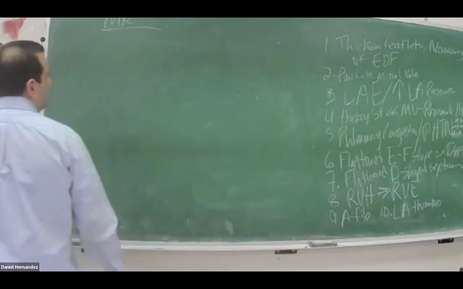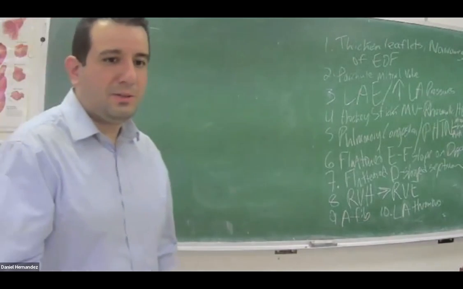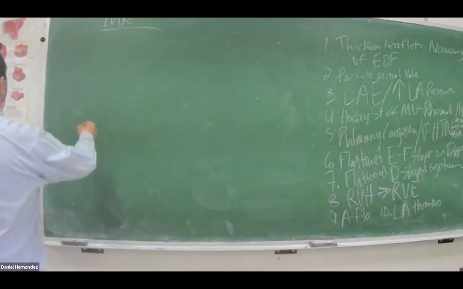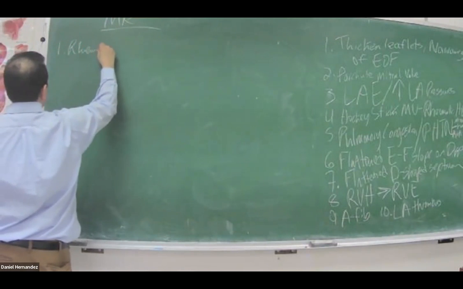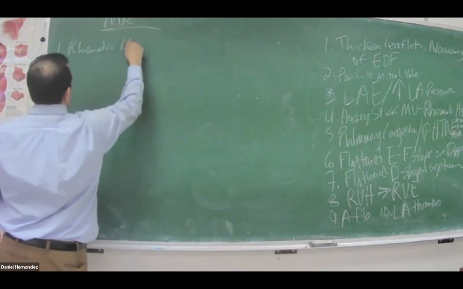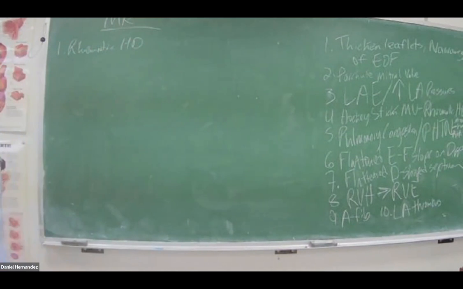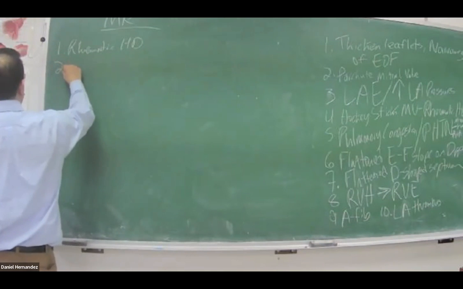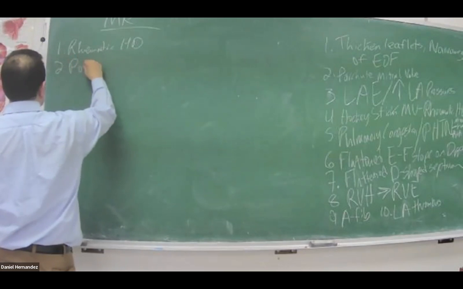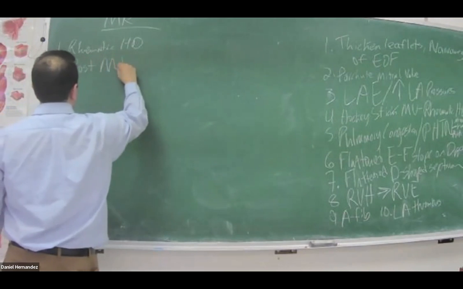So oftentimes mitral stenosis is associated with mitral regurg. So patients who have rheumatic heart disease. Like in a MI, if it displaces the papillary muscles. Very good, yeah. Post MI.